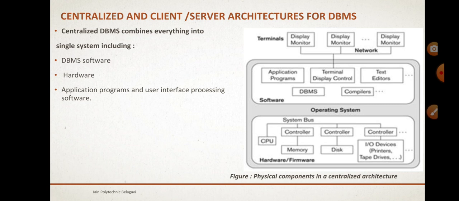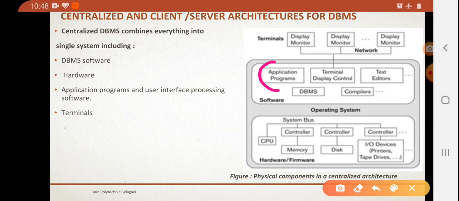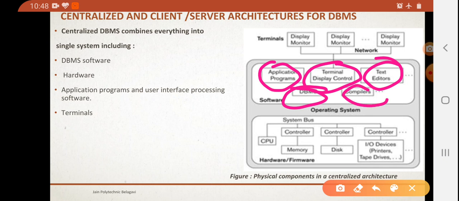Again, application programs and user interface processing software, right? So we have application programs and interface processing. Here see application program, terminal display controls, text editors. We are using database management systems, compilers.